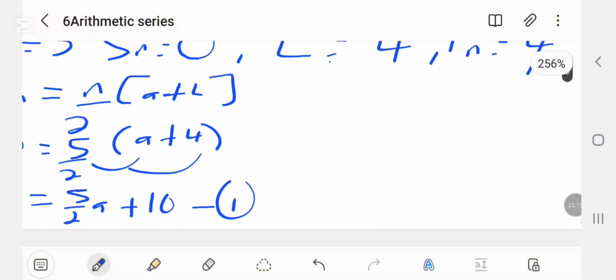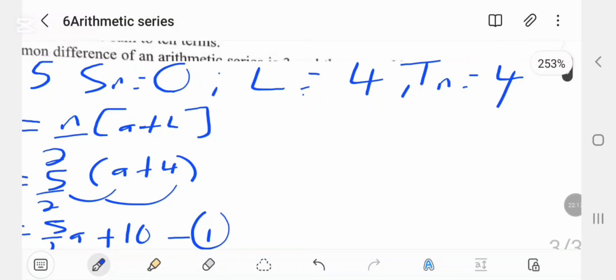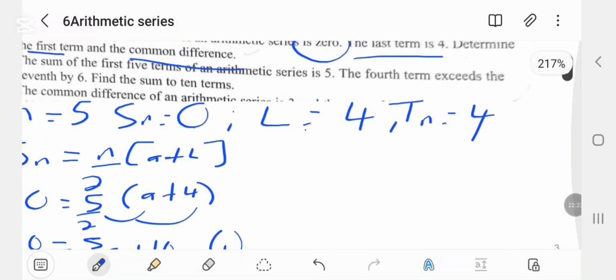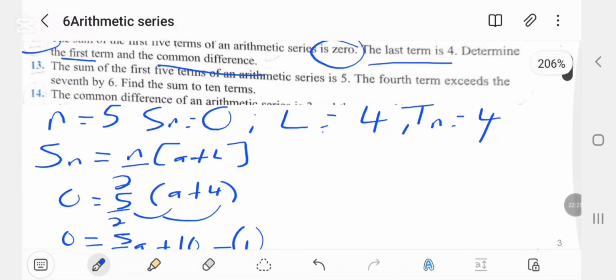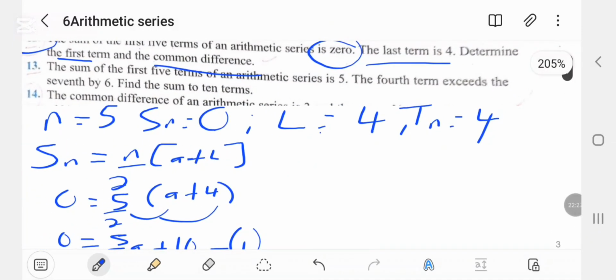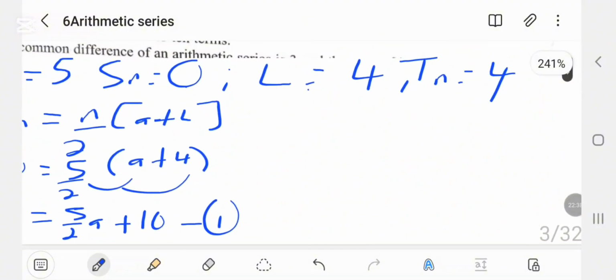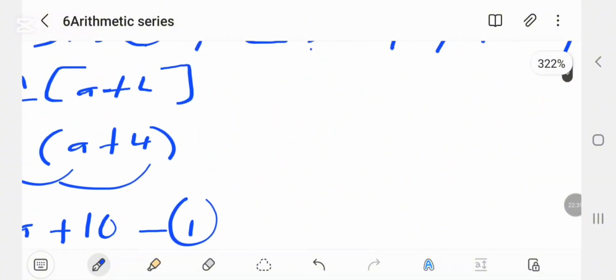Now let's use the nth term again, because it seems like we need both A and D. Why use Sn? Because we have the sum. Why use the nth term? Because we have the last term. So we're just trying to figure it out. Let's use the nth term formula.